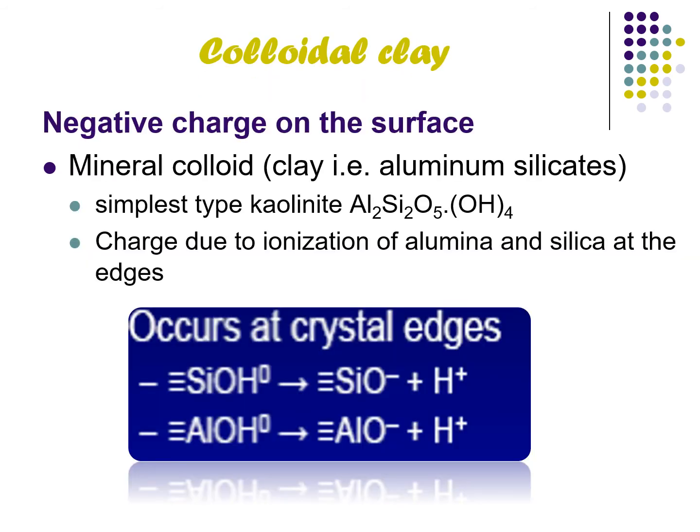There are two types of colloids in the soil: the mineral colloid or the clay, and the organic colloid like humus. In the case of the mineral colloid, the simplest type is the kaolinite.